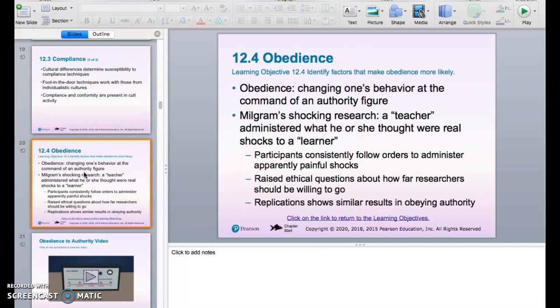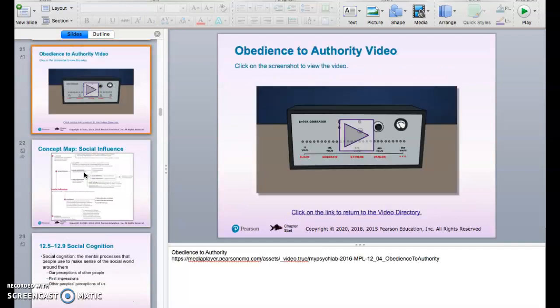The last concept that I'm going to cover is obedience. You're going to see that in the Milgram video, so I really want you to watch the original Milgram video, which is here. It demonstrates Milgram's study on obedience to authority.